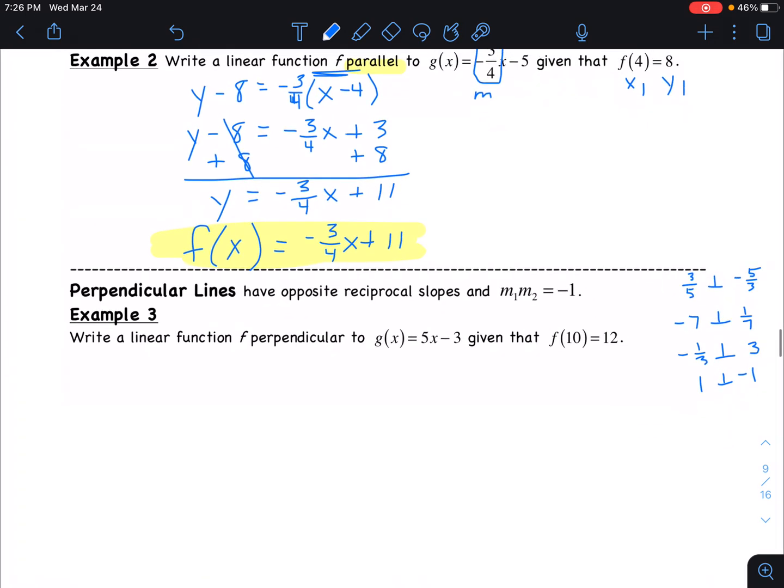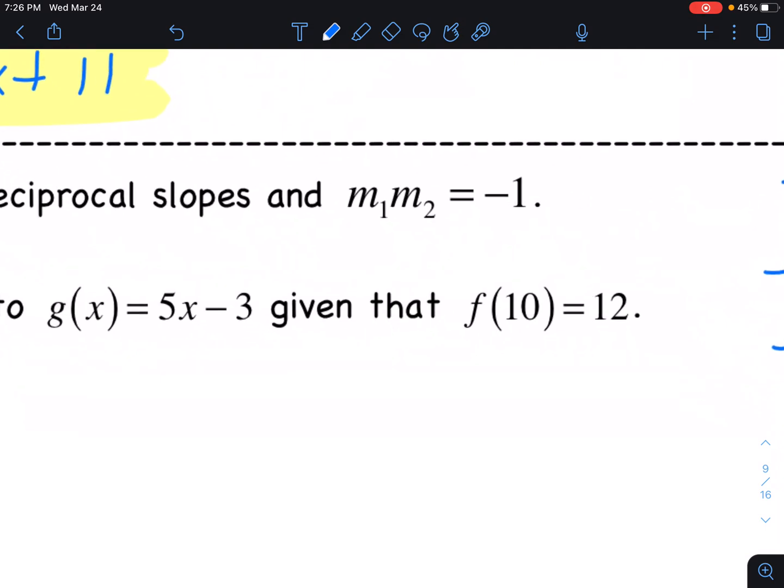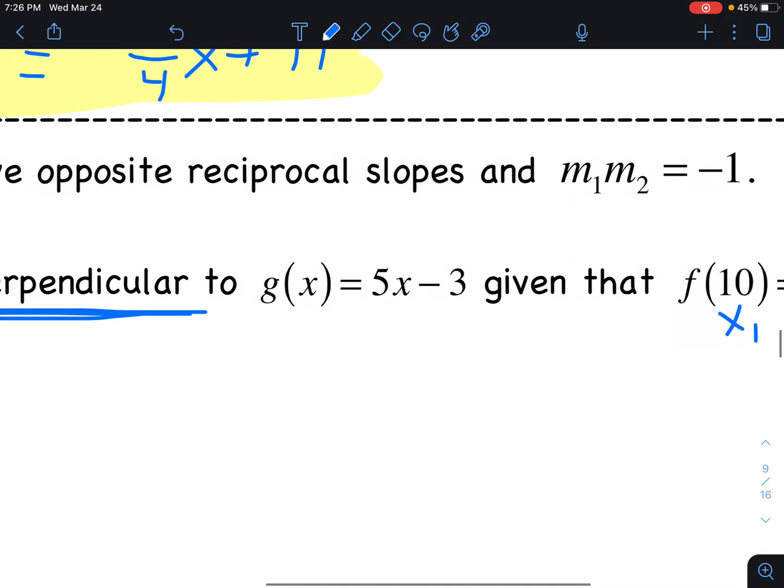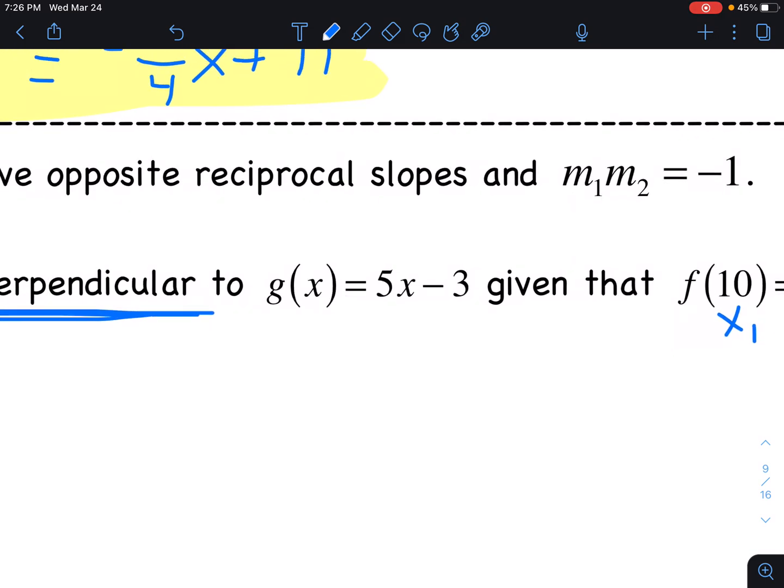So example 3, our goal is to write a linear function f that is perpendicular to g of x equals 5x minus 3, given that f of 10 equals 12. We're going to go through the same procedure using the point slope formula. My point, 10 is x1, 12 is y1, and then for my slope, I look at function g. What's your slope in g?